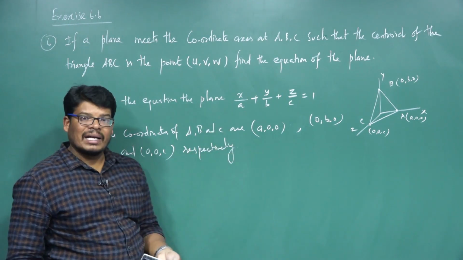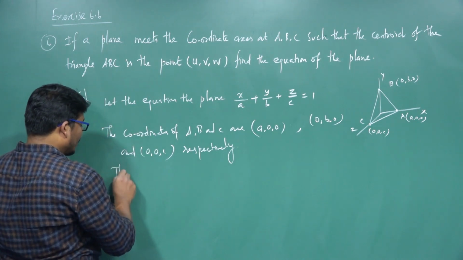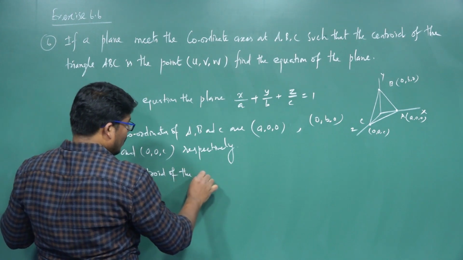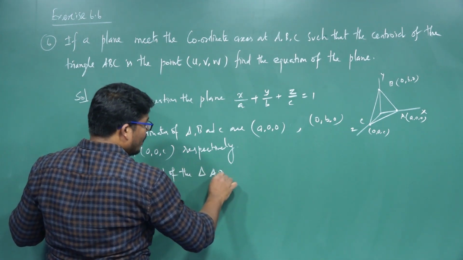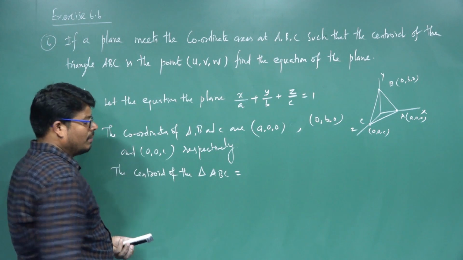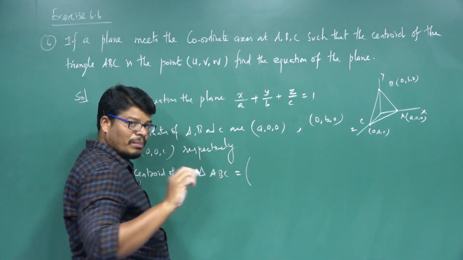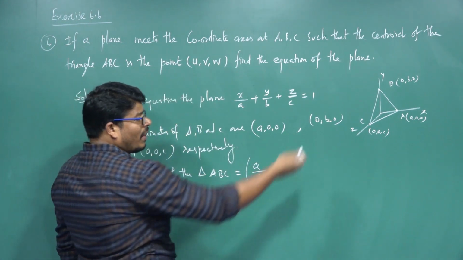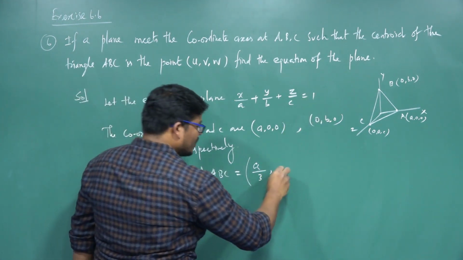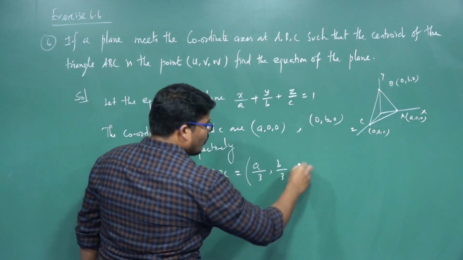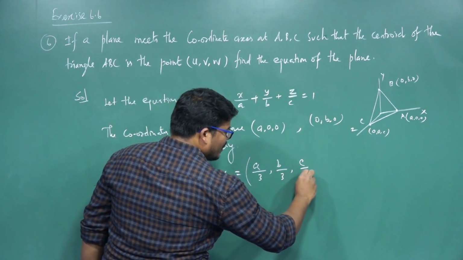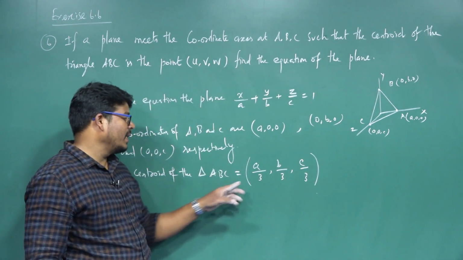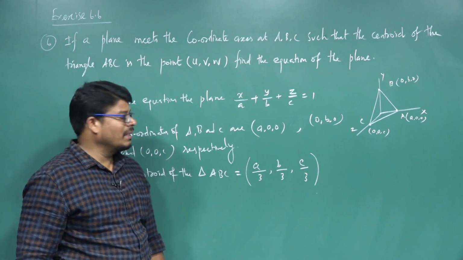So the centroid of triangle ABC: the first coordinate is a plus 0 plus 0 by 3, that is a by 3. The next is b by 3, and the third is c by 3. Therefore, the centroid of the triangle ABC is a by 3, b by 3, c by 3.